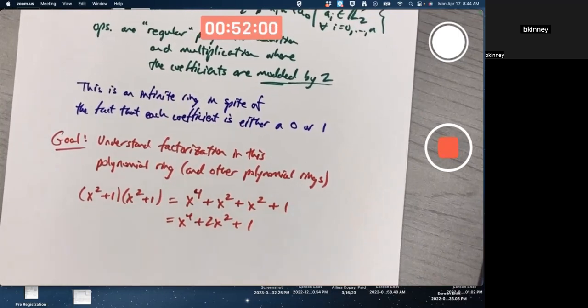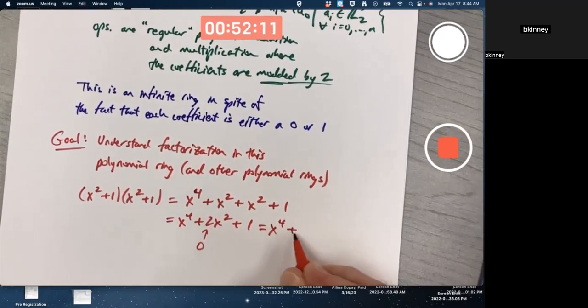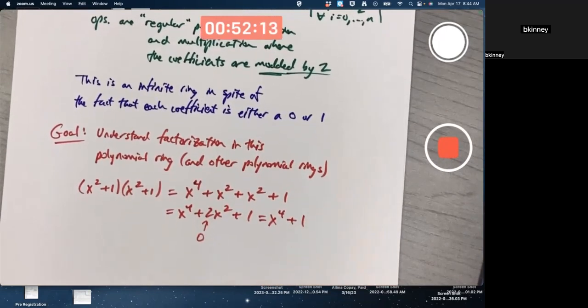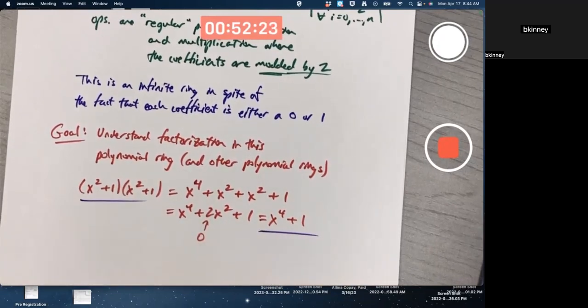That's okay, but don't stop there. Simplify. Mod the coefficients by 2. That 2 becomes a 0. So the x squared term goes away. And you're left with x to the fourth plus 1. That's expanding this product, but another way to look at this equation is it means we can factor x to the fourth plus 1 as x squared plus 1 times itself in this ring.